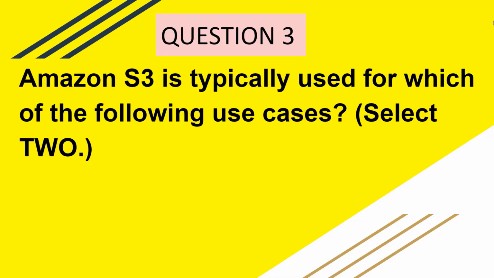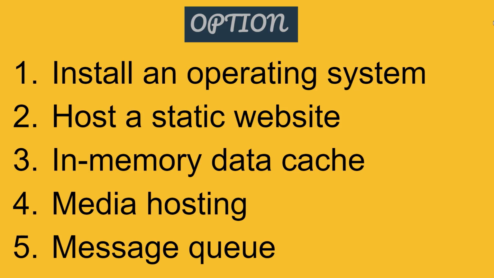Question 3. Amazon S3 is typically used for which of the following use cases? Select 2. Option 1. Install an operating system. 2. Host a static website. 3. In-memory data cache. 4. Media hosting. 5.